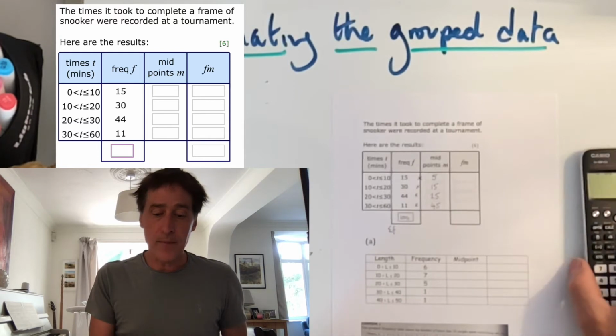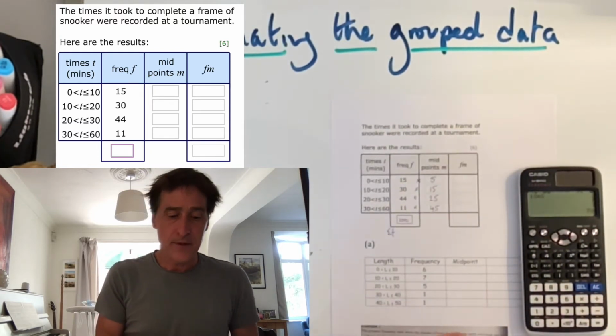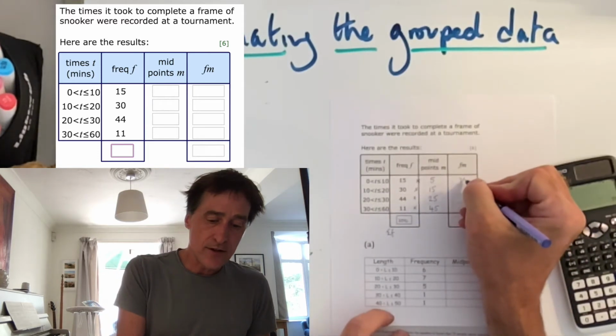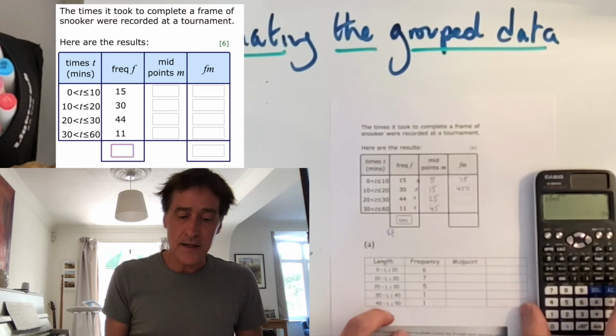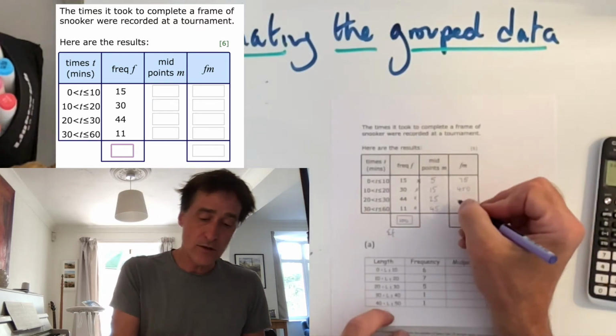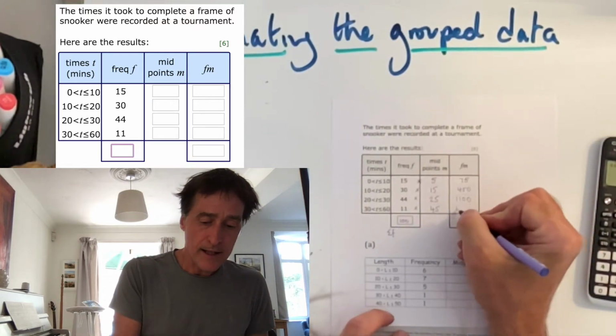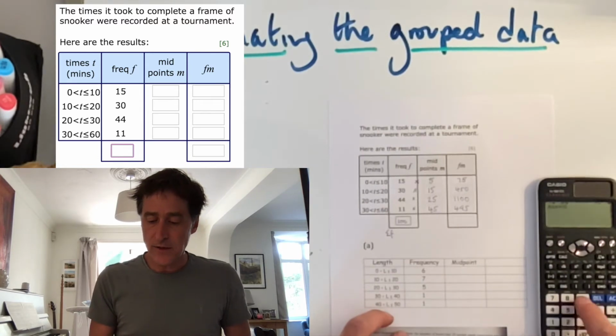I will now work out what those are on my calculator. That's 75, 450, 1,100, and 495.